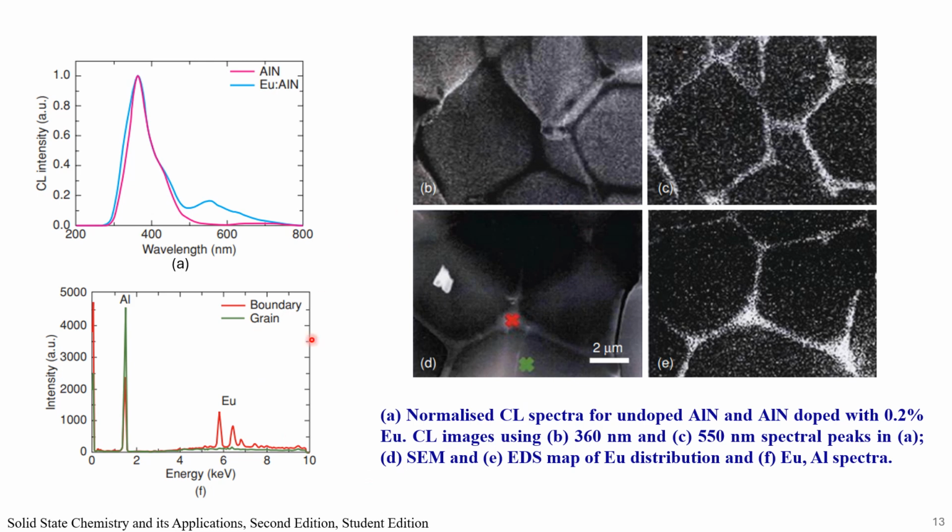These results collectively show that europium has very little solubility in the aluminum nitride crystal lattice. Instead, the europium dopant segregates to the grain boundary, where it probably forms a separate crystalline phase. Without the high resolution capabilities of SEM, EDS and CL, such information could not be obtained.